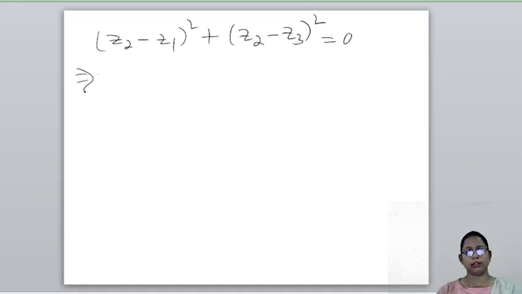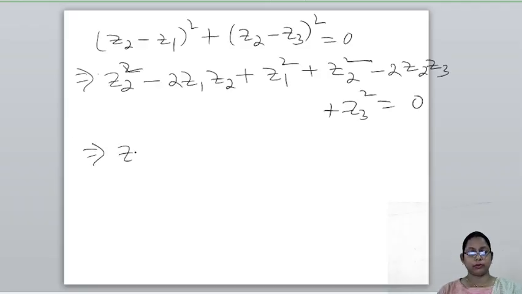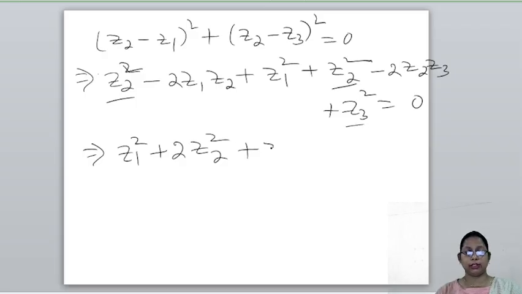If I expand this, I will get Z2 square minus 2Z1Z2 plus Z1 square plus Z2 square minus 2Z2Z3 plus Z3 square is equal to 0. So Z1 square plus 2Z2 square plus Z3 square minus 2Z1Z2 minus 2Z2Z3 equals 0.